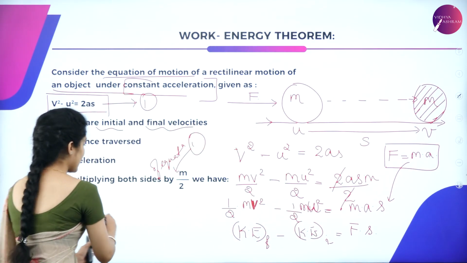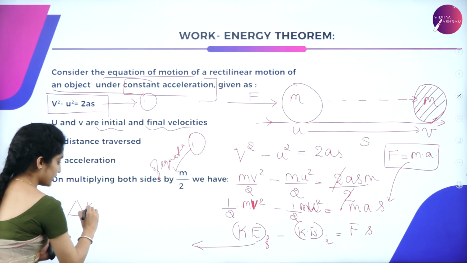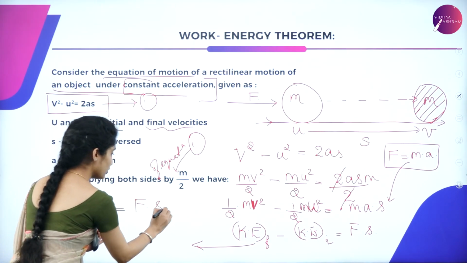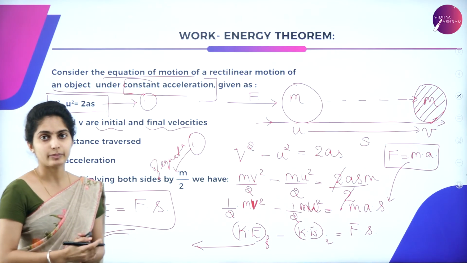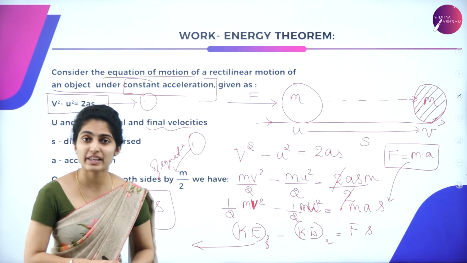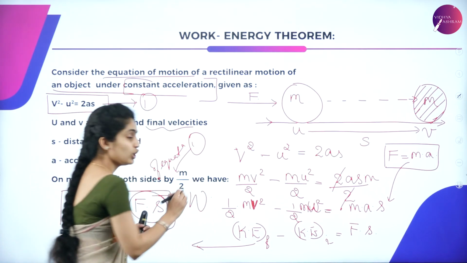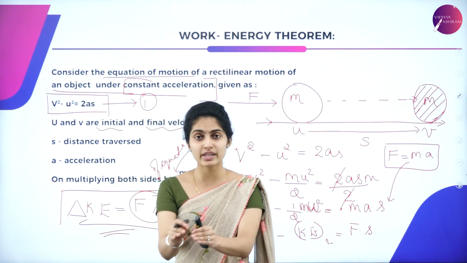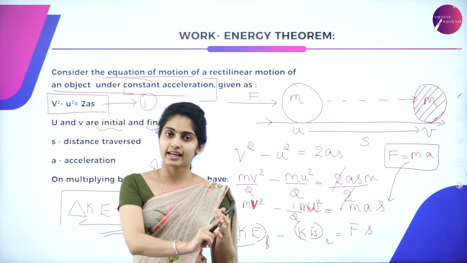So I can write it here: the change in kinetic energy is equal to force into the displacement which has taken place. The force into displacement is called the work done. So you are deriving the work energy theorem, so there should be an expression which contains work as well as energy.